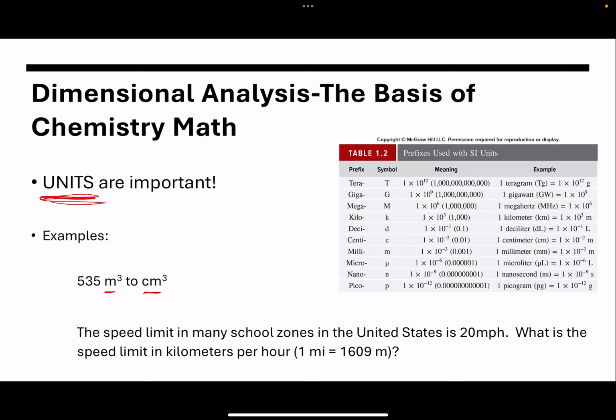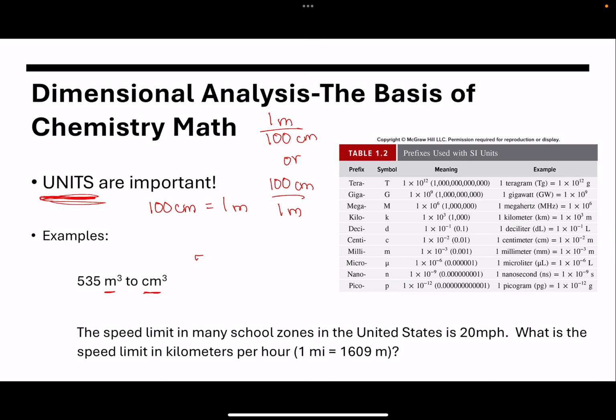Well, we know that 100 centimeters is equal to 1 meter, and so we can set up conversion factors with that. We can go 100 centimeters over 1 meter, or we can do 1 meter over 100 centimeters.